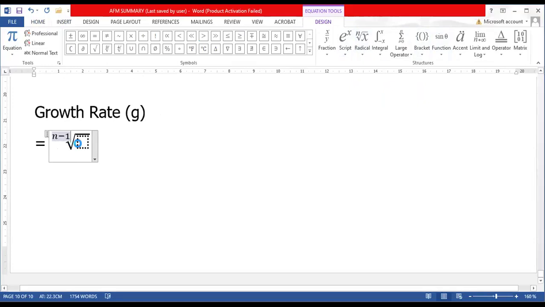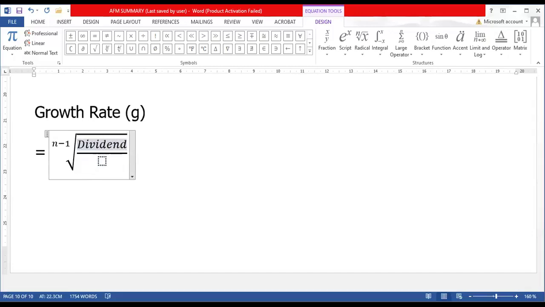Then here you're going to get the dividend in the current year, the latest, over the earliest.